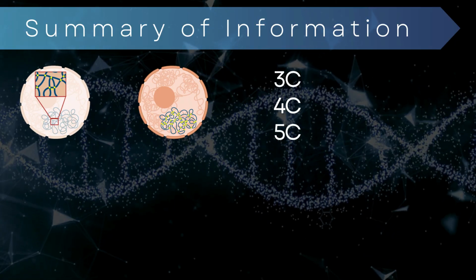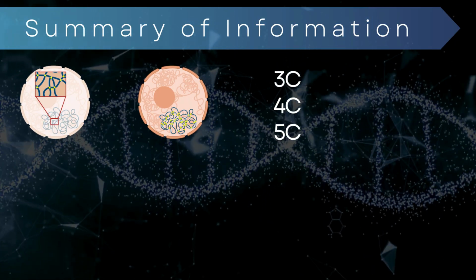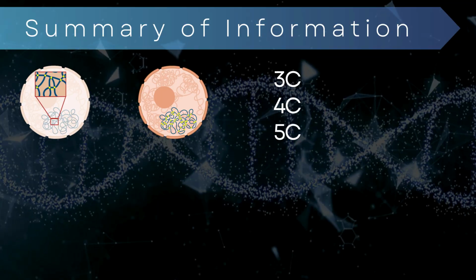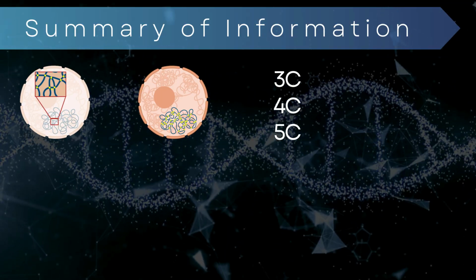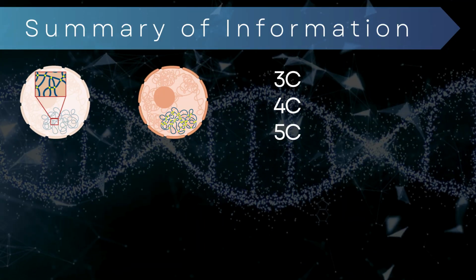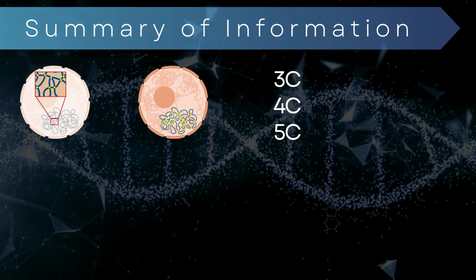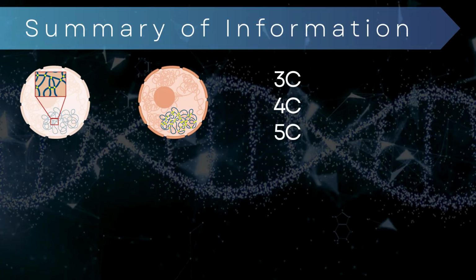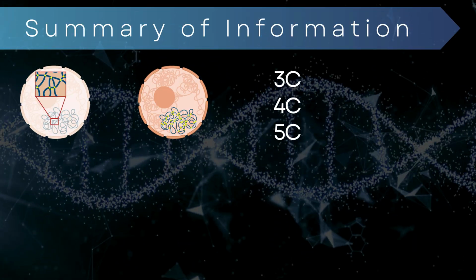Prior to Hi-C, three key methods were employed for the small-scale analysis of genetic structure. These are 3C, 4C, and 5C. These methods maintain a small-scale focus, but the need for full genome analysis still remained.